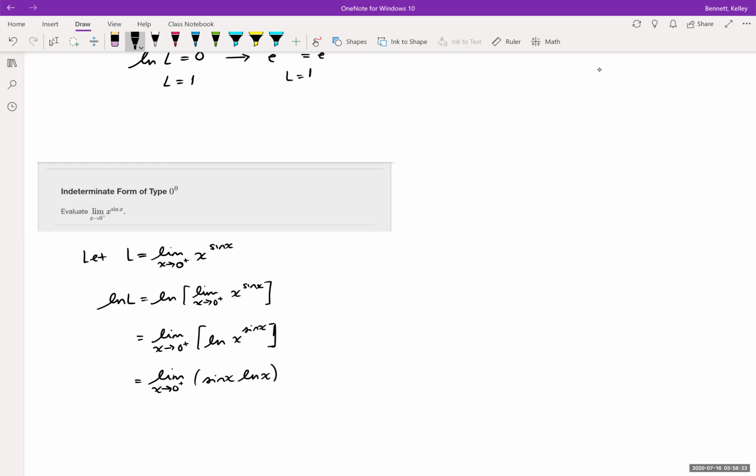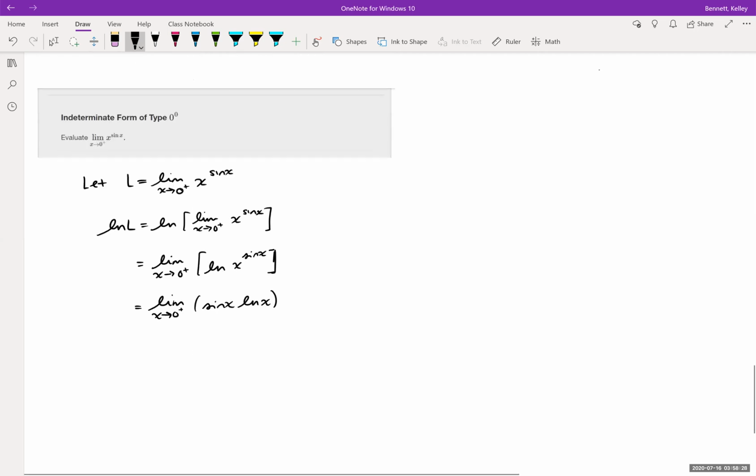But this is going to give us a 0 times infinity thing. We know how to deal with that. What we're going to do is take 1 over sine. So this is going to become the limit as x goes to 0 from above of ln x over 1 over sine. And this definitely goes to infinity over infinity.